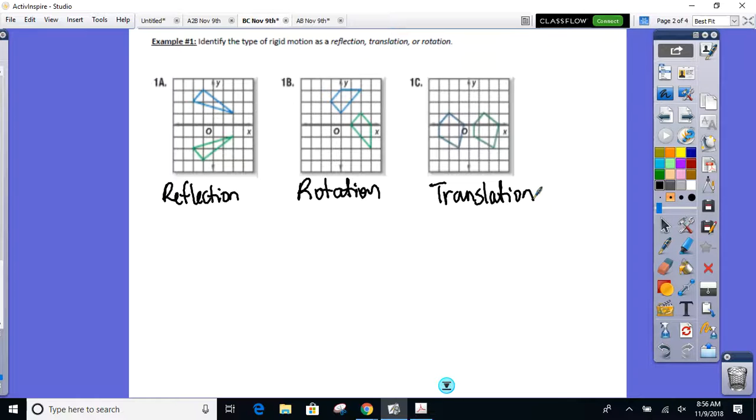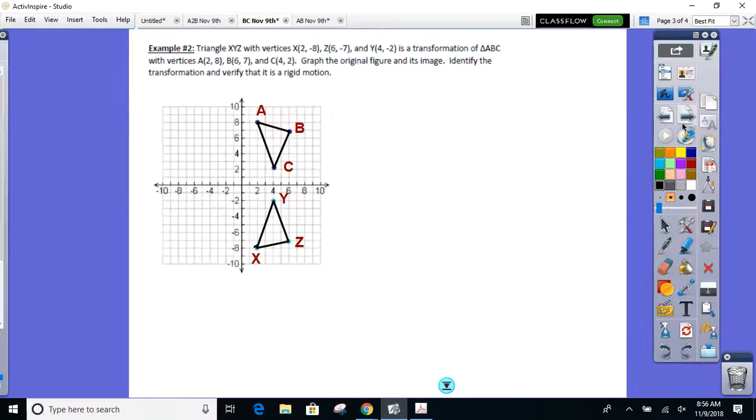All right. What I want to do with you, though, is show me that a rigid motion is going on. Prove to me that a rigid motion is going on. I will give you a second to copy triangle XYZ and ABC.